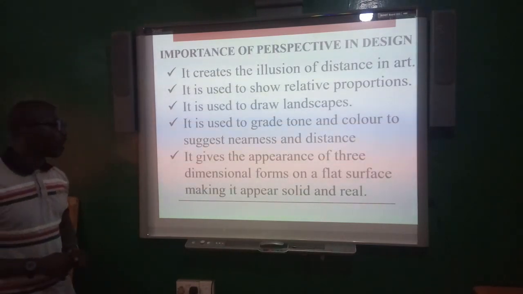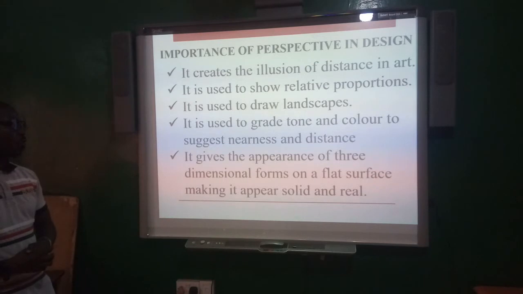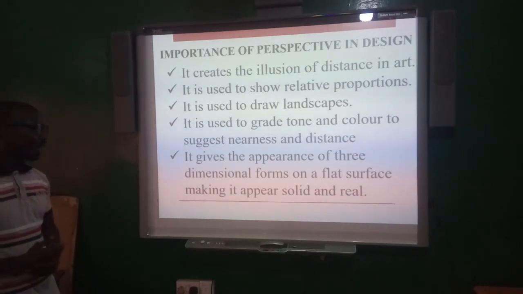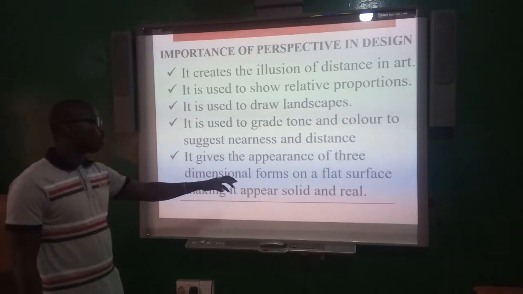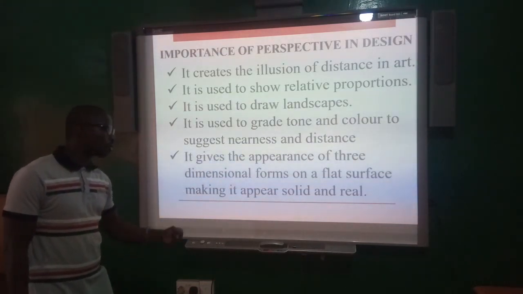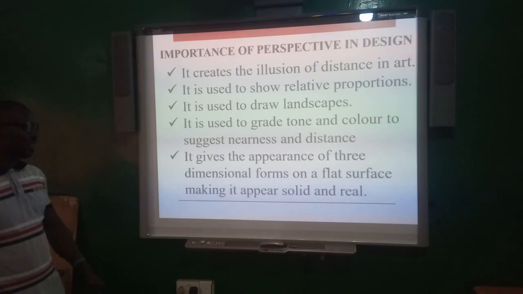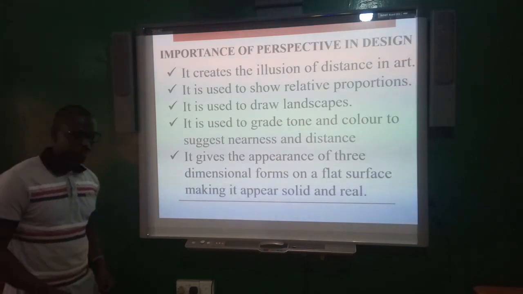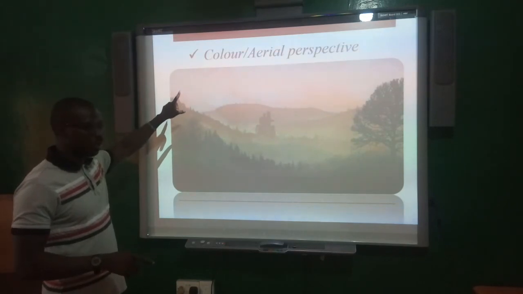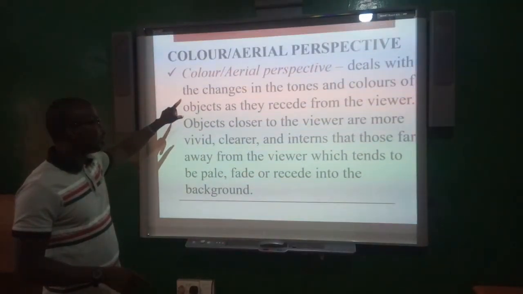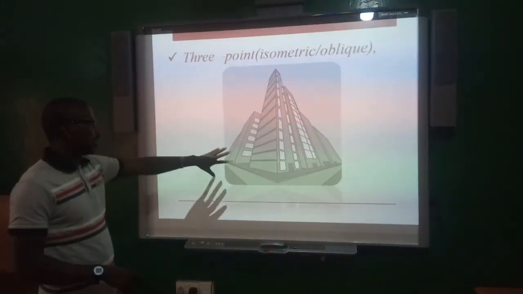It gives the appearance of three-dimensional forms on a flat surface, making it appear solid and real. Now, let's go back to the buildings. Okay, let me use this one.